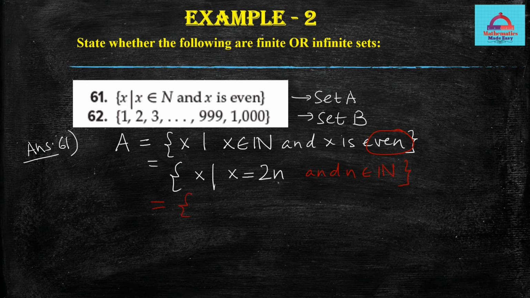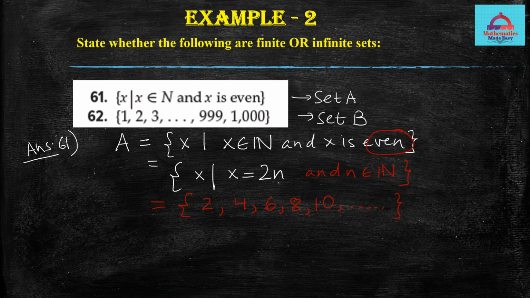And if I change it to roster form, if I try listing some of the elements, then I can say that the minimum would be definitely when n is 1. So 2, then 4, then 6, 8, 10 and so on. Now why I have put these dots is because it is going to be infinite.